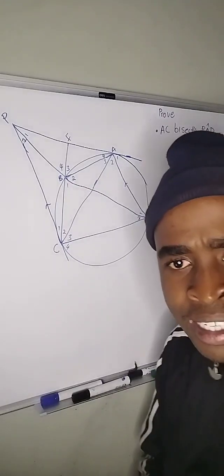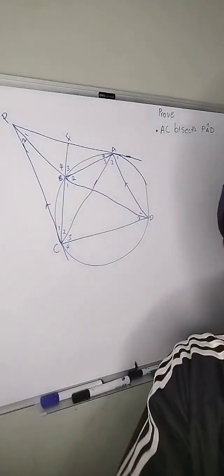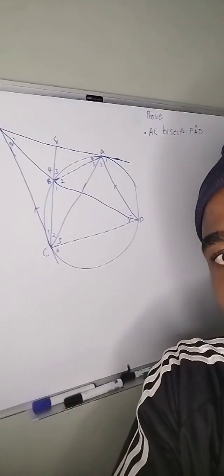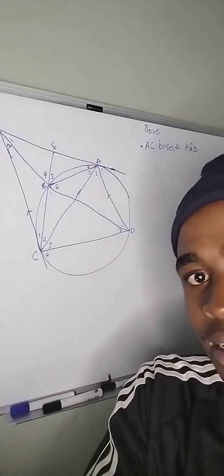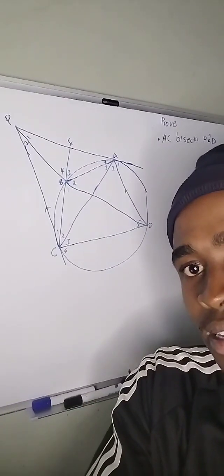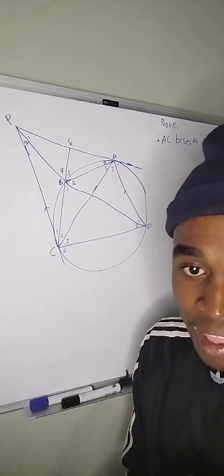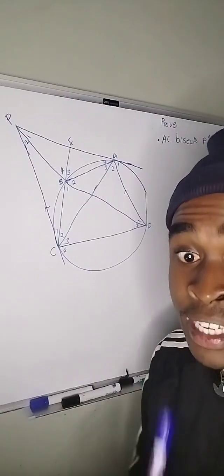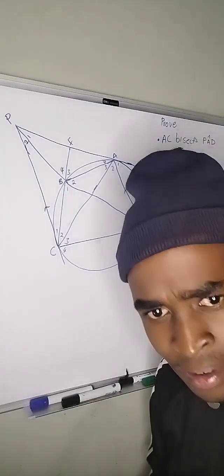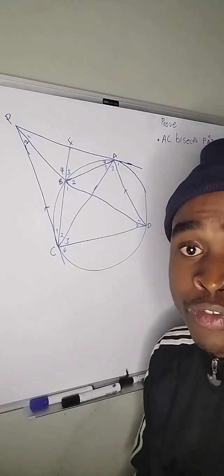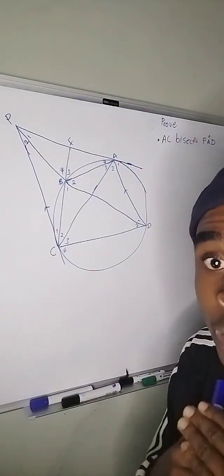What is to bisect, guys? To bisect is to cut into two equal parts.